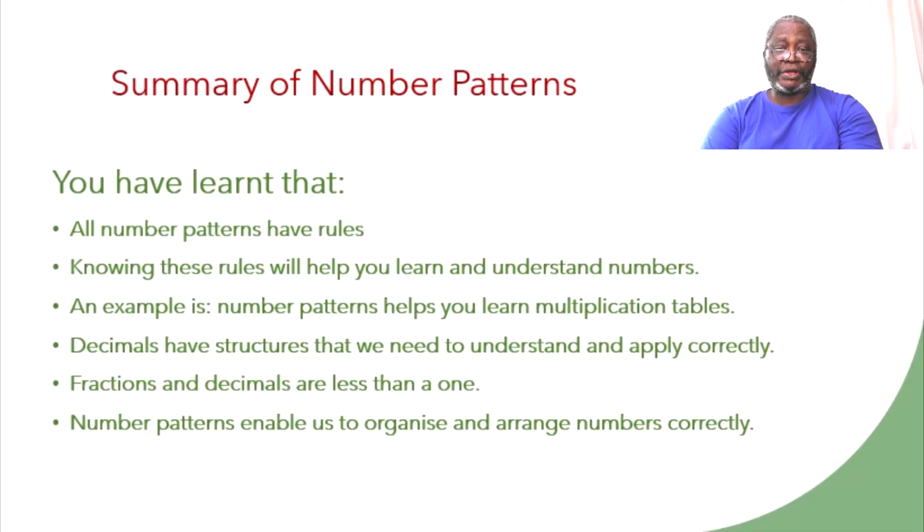Decimals have structures that we need to understand and apply correctly. Fractions and decimals are less than 1. Number patterns enable us to organize and arrange numbers correctly. This has been a very short lesson, but it's very important because it will help us to learn so many things about numbers. Okay?